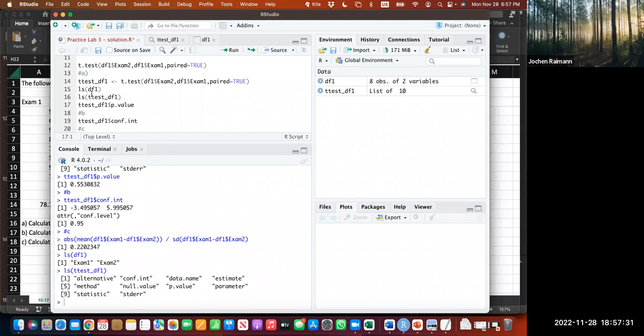Because 16 addresses t-test.df1, that's the actual t-test. Just try to run 15 and 16. They should both give you different results. 15 is referring to the data frame. 16 is referring to the t-test. Yeah? No?